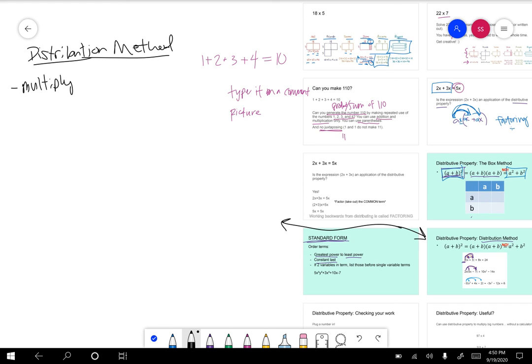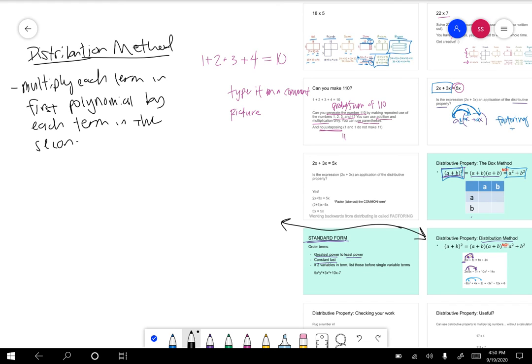Multiply each term in the first polynomial expression by each term in the second polynomial.